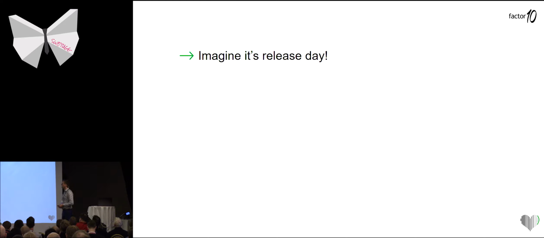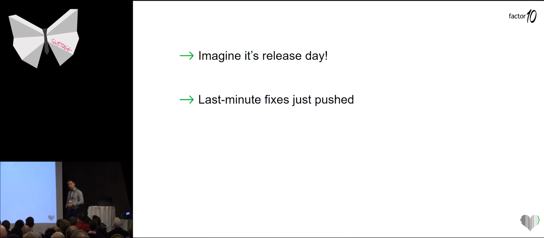So, a scenario. Imagine it's release day. How many of you do continuous delivery? Oh, nice. So for you, this is just another regular day, right? But imagine that it's still a special release day. It's Friday or something. And for some reason, unknown to us here today, you have pushed some last-minute fixes. Has that happened?